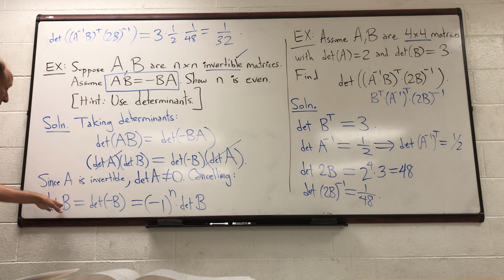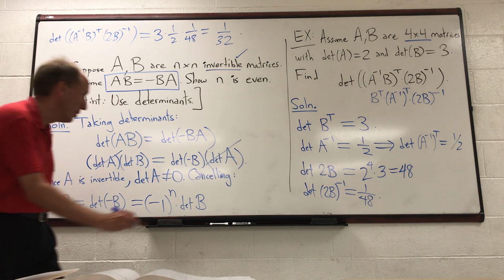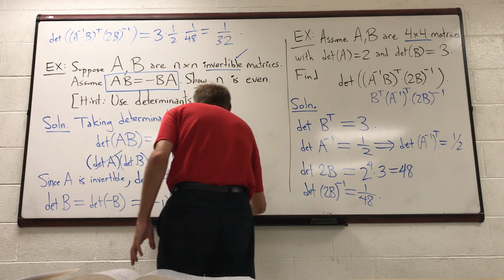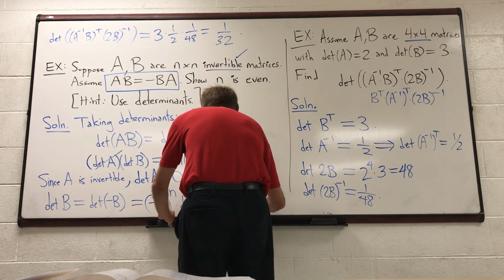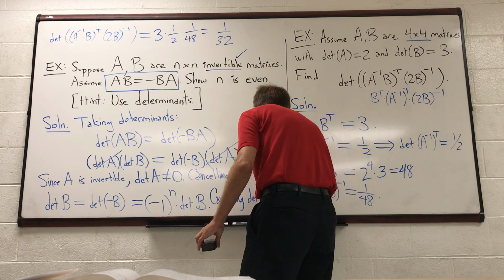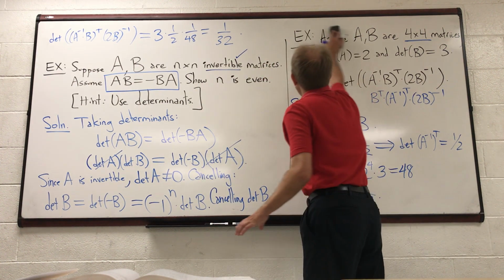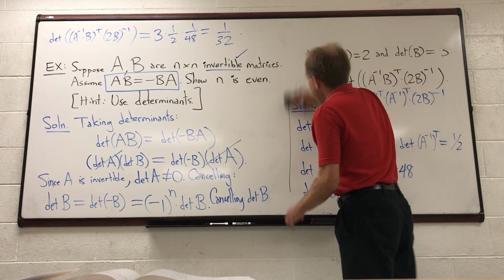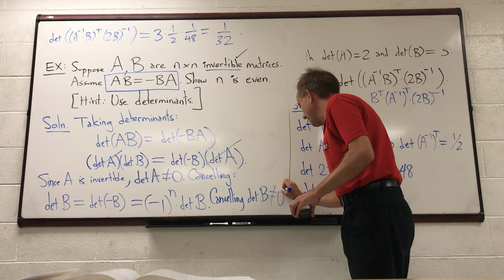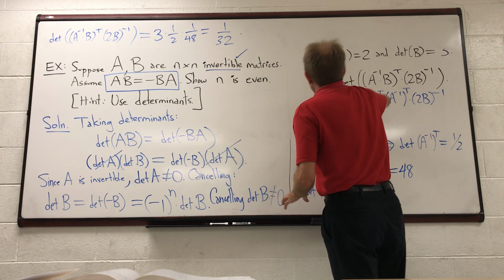And now, again, since B is invertible, we can cancel that as well, right? So canceling the determinant. So this didn't go too badly. Canceling the determinant of B, which is not 0 for the same reasons that A was invertible.